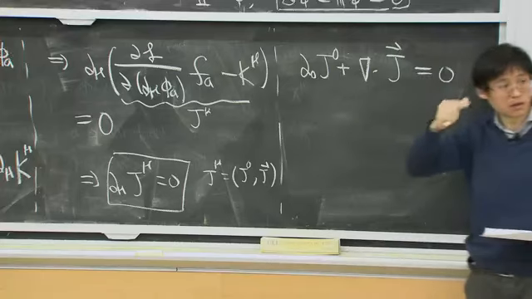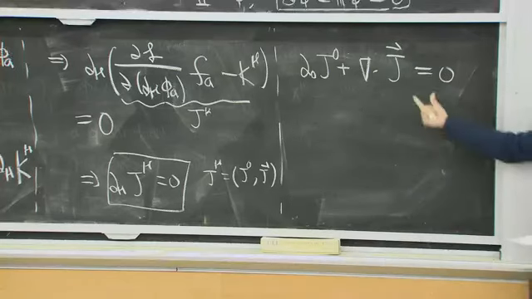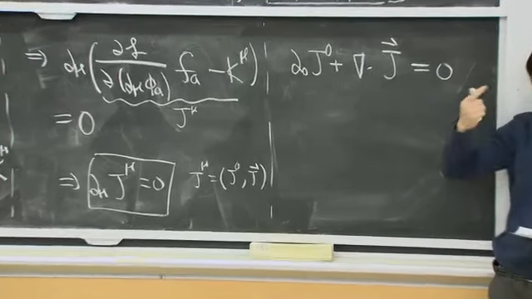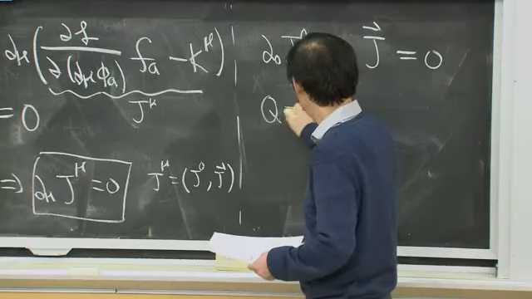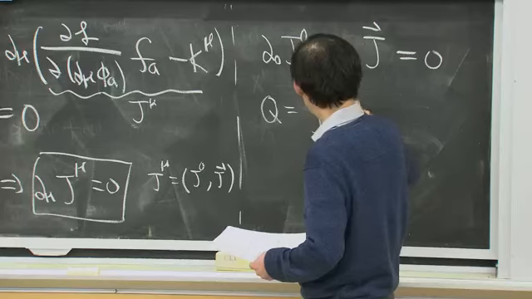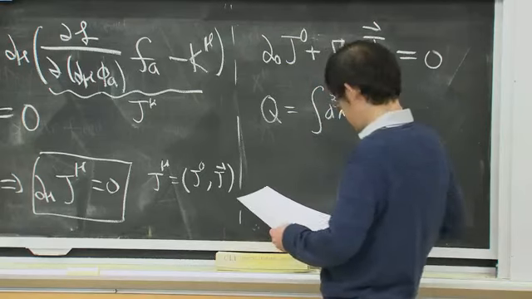Okay, the zero component we consider as some kind of density. It's the same as the divergence of the current. And in particular, you can define a charge, which is the total spatial integration of J^0.